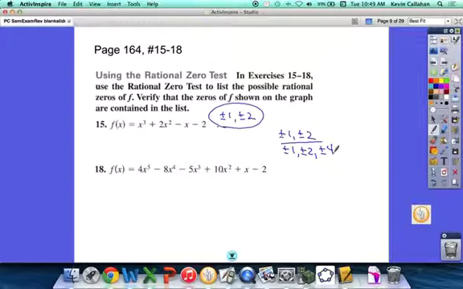Now you got to take all the combinations of what's in the numerator divided by what's in the denominator. So 1 over 1, 1 over 2, 1 over 4, 2 over 1, 2 over 2, but that's 1, we already have it, and 2 over 4, but that's a half, and we already have it. So this is a list of possible rational zeros. So remember how to make that list.